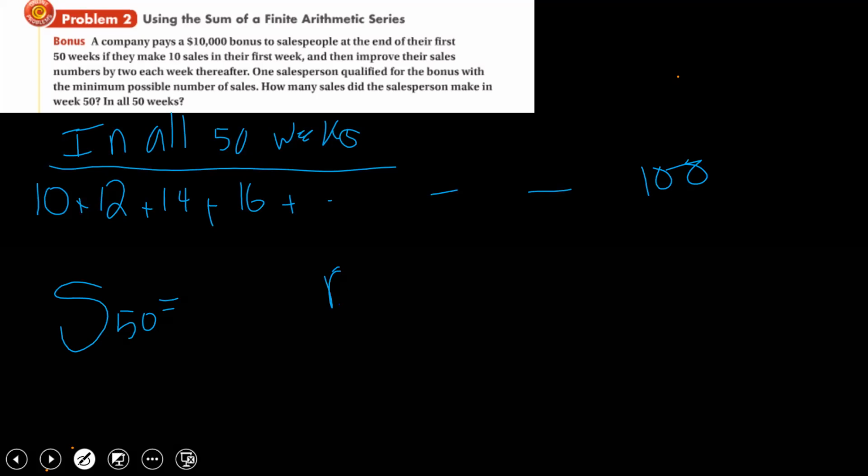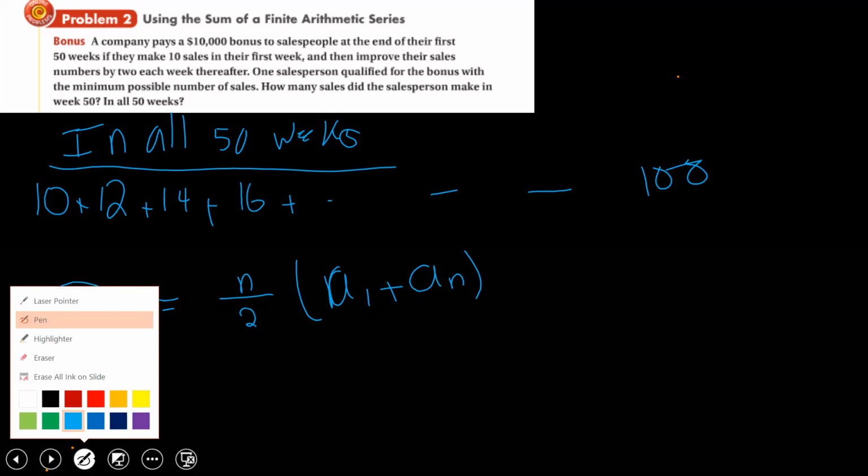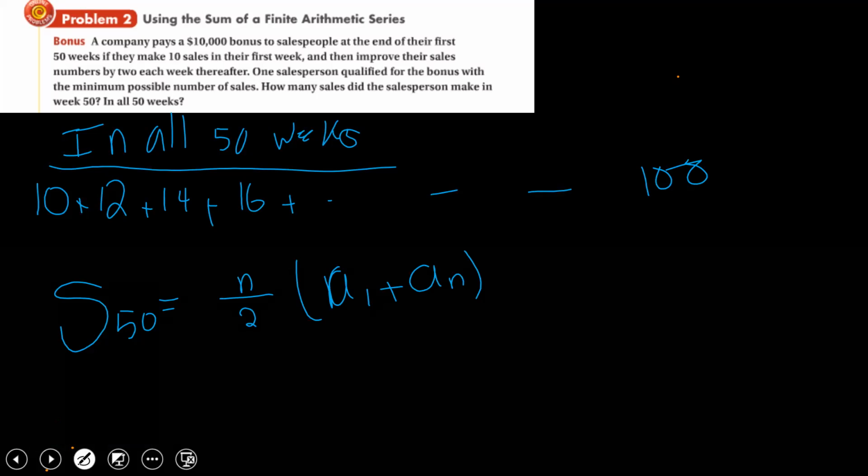I need the first term plus the last term, times n over 2. The value of n is 50, over 2. A sub 1 is 10. The last term is 108.